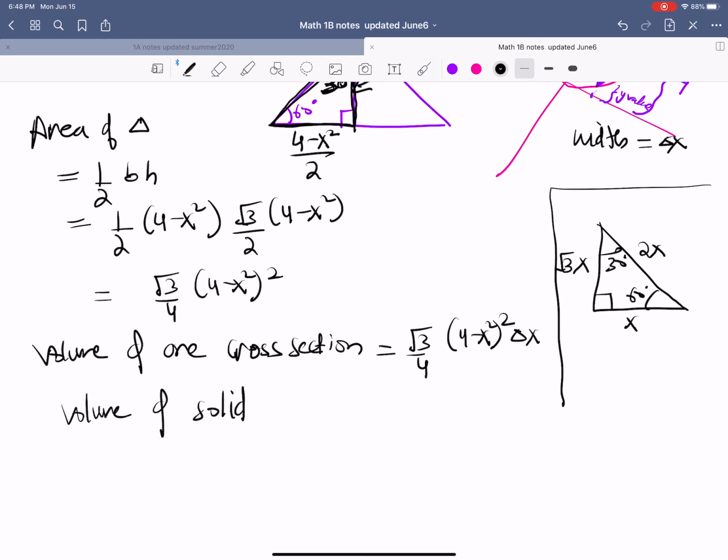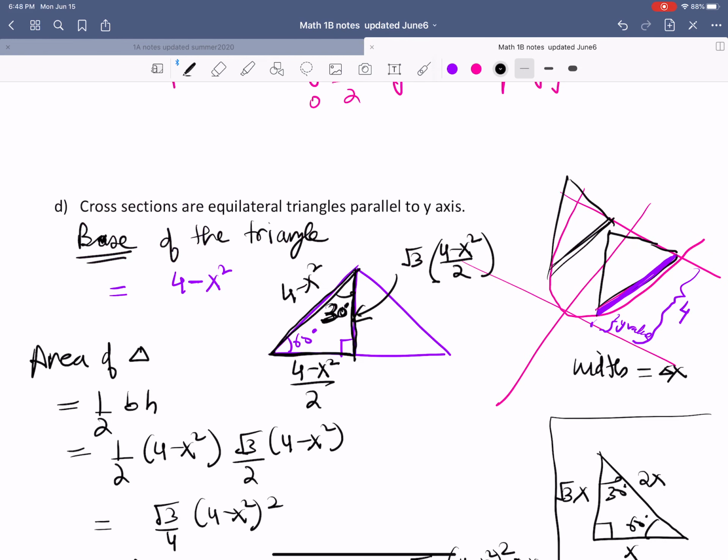Now be very careful, where do the solids start, where do the solids end? That's going to be your bounds of integration, 4 minus x squared, squared dx. Where do the solids start in this picture? So we need to think about what is the x value here, what is the x value over here? Because those are going to be my bounds of integration. So how do we find those?